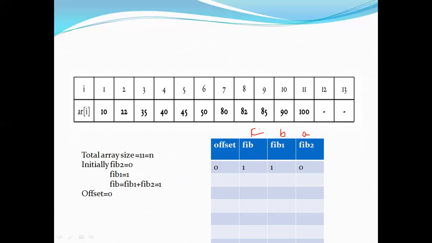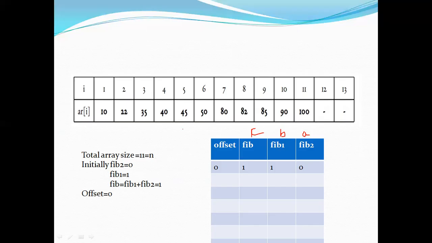These are like ABC, for Fibonacci 1 and Fibonacci 2. And offset initially will be 0.